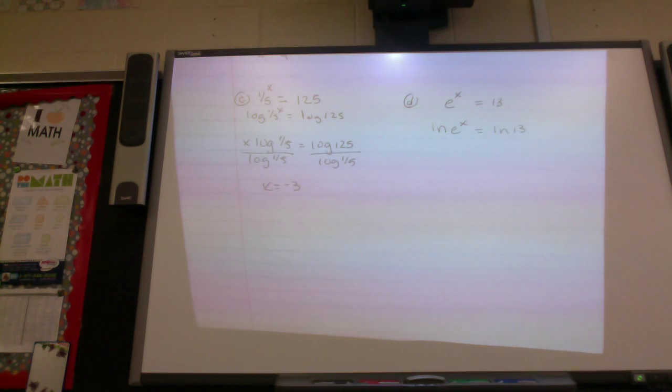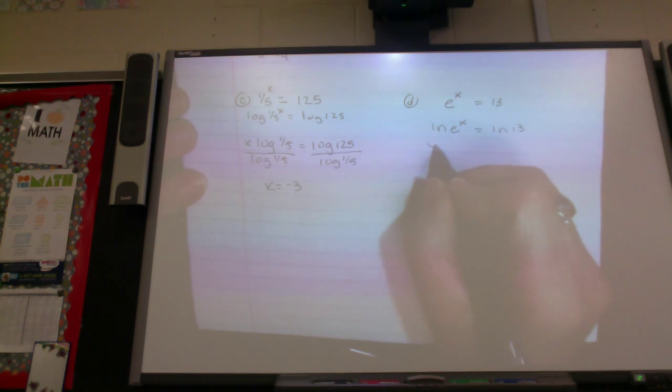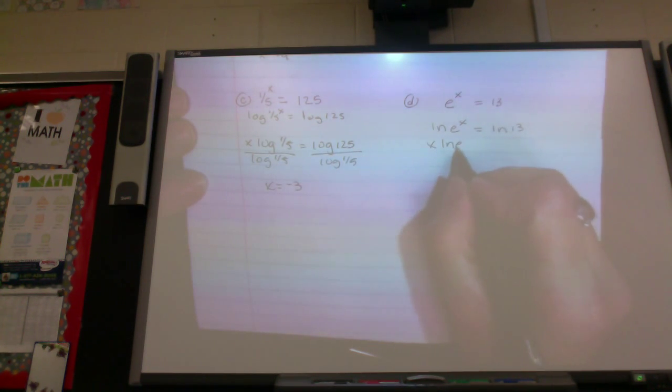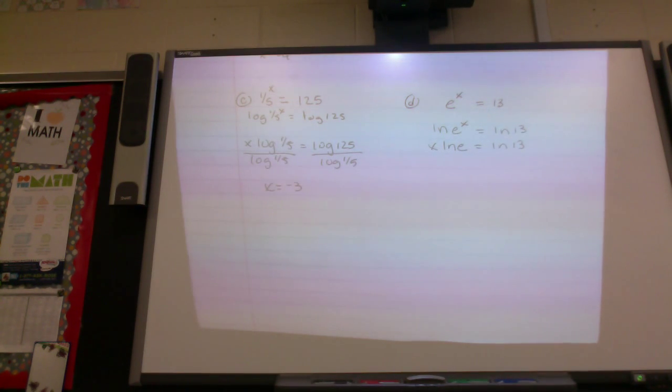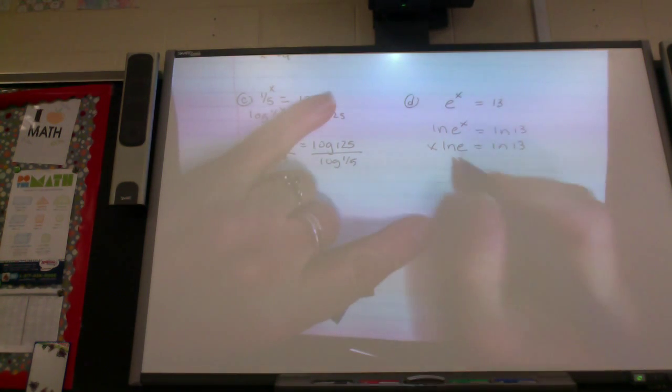The x up front, x in front. You divide by ln e, and does ln e equal 1? Yep, ln of e is 1. So this here is 1.